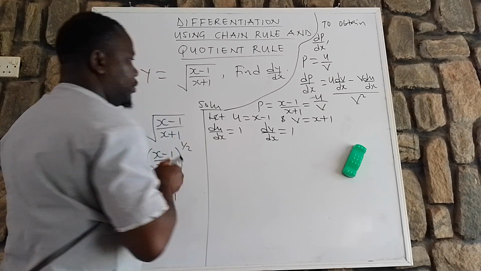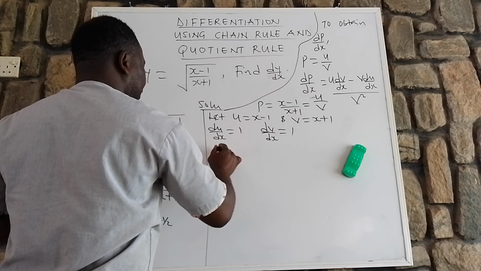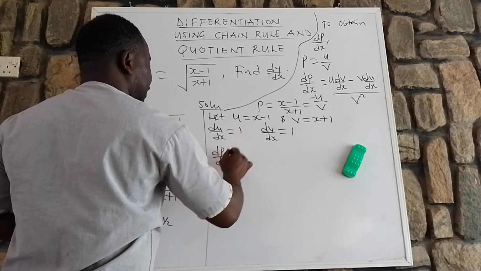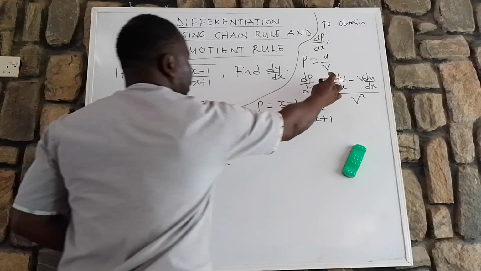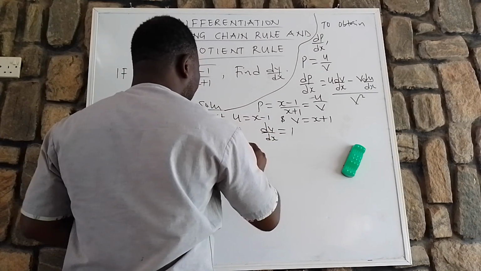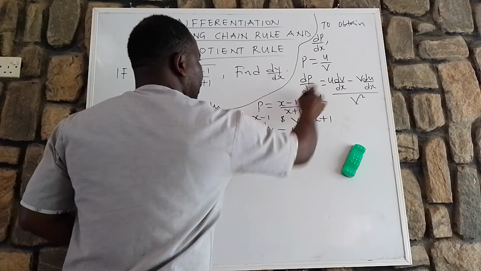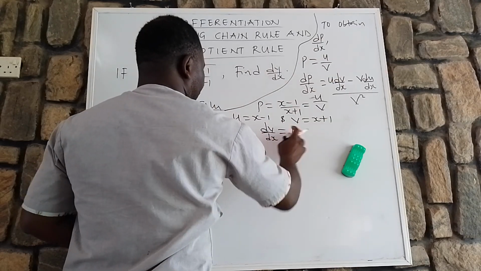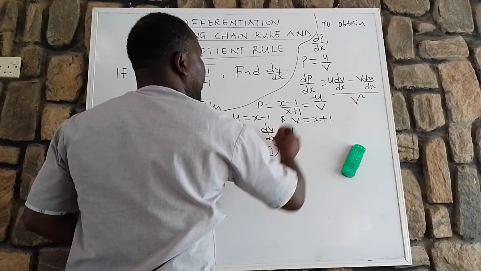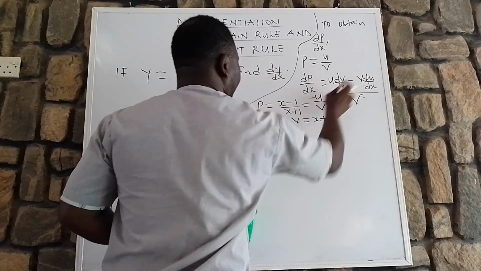If you agree with me, our dp over dx is going to be, what is our ordinary u? Our ordinary u is x minus 1, so let's write x minus 1. What is our dv over dx? It is 1 times 1, isn't it? Now, minus, what is our ordinary v?